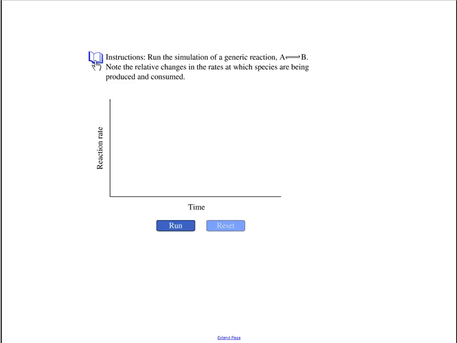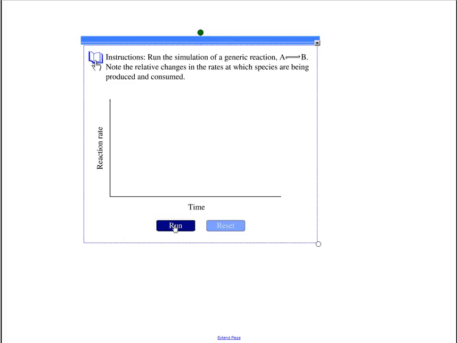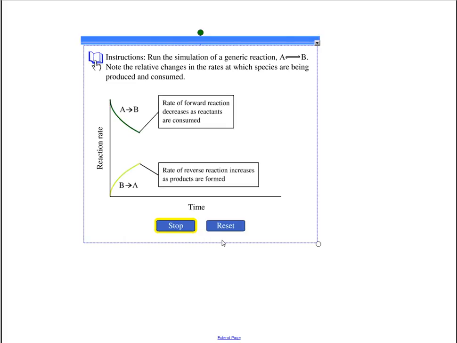So let's take a look at this generic reaction. You don't have this slide. And we can see that as A goes to B, the rate goes down as the reactants use up.